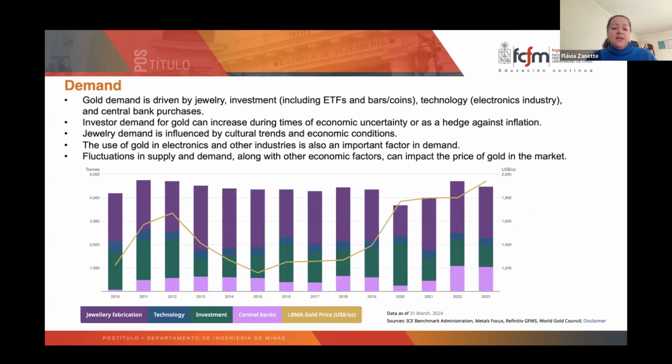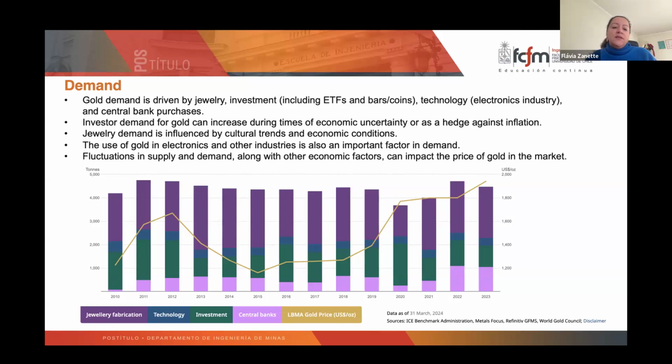Here the same analysis for demand, considering the gold demand is driven by jewelry we have mentioned before. Investment includes ETFs and bar coins, technology for the electronics industry, and central bank purchases. Investor demand for gold can increase during times of economic uncertainty as a hedge against inflation.